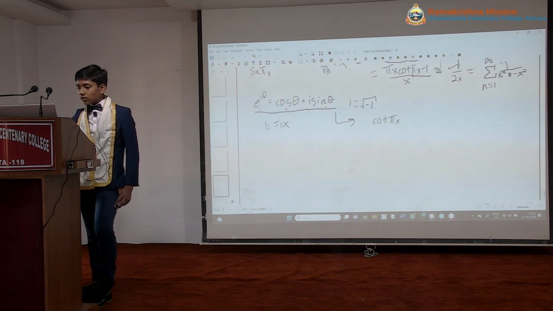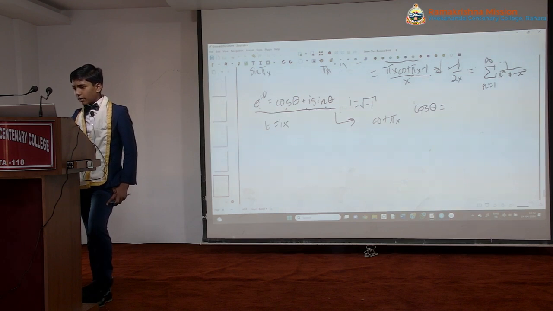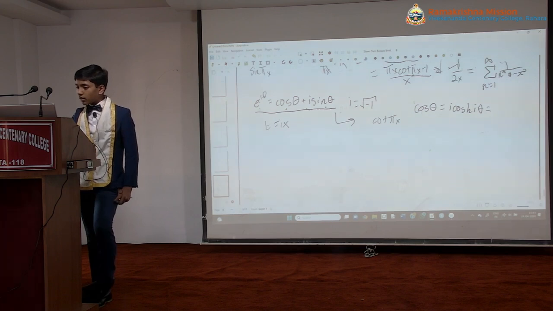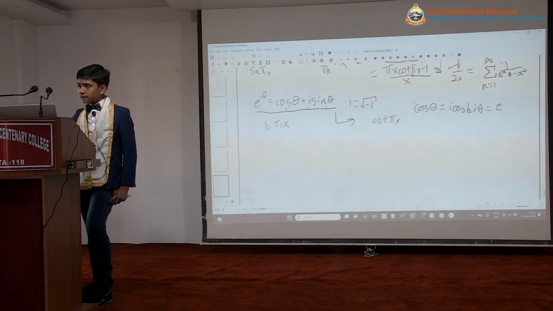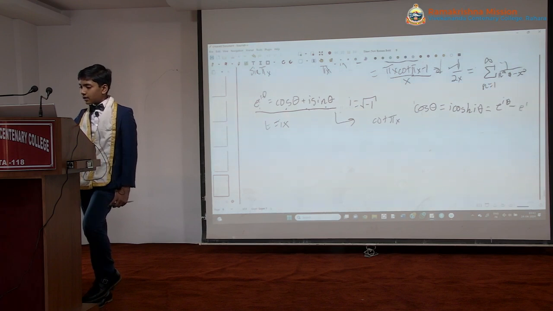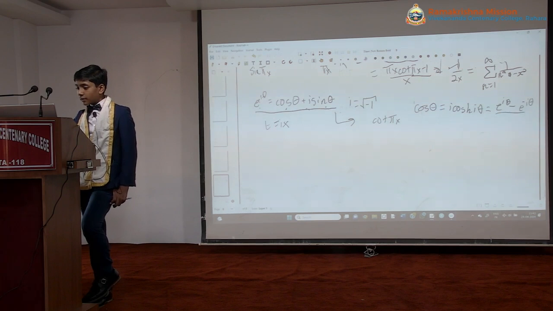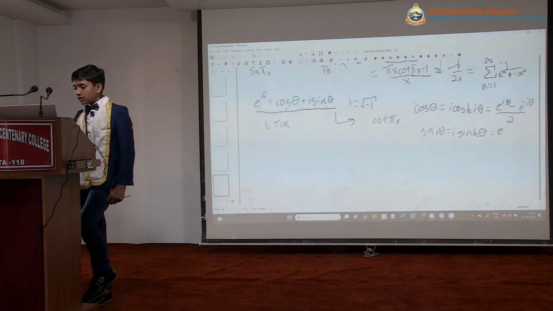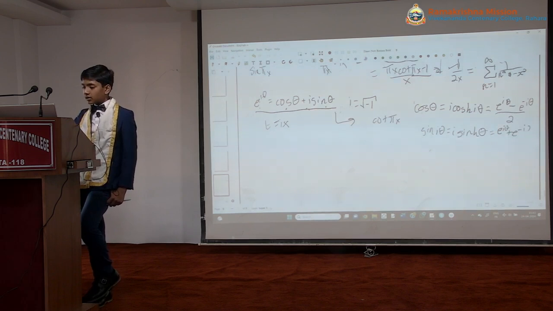Now the thing is, cosine theta is actually equal to, if I remember correctly, cosine hyperbolic I theta, and that is equal to, in turn, by Euler's formula, e to the I theta minus e to the negative I theta divided by 2, and sine I theta, which is equal to I sine hyperbolic theta, is equal to e to the I theta plus e to the minus I theta over 2.